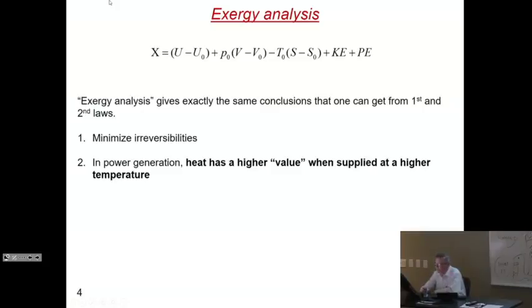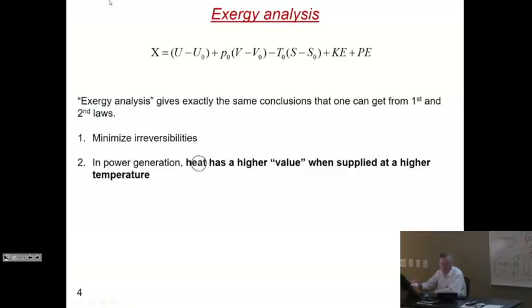And in fact, it will give you the same conclusions that you would derive if you just use the first and the second principle. And that conclusion is that your system is that much more economical and that much more efficient as you can minimize the irreversibilities. And it also gives you an idea for the value of energy.